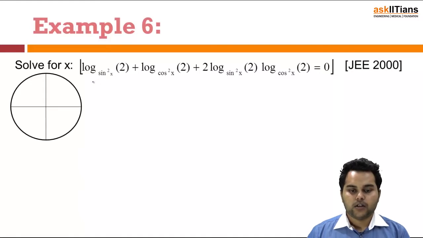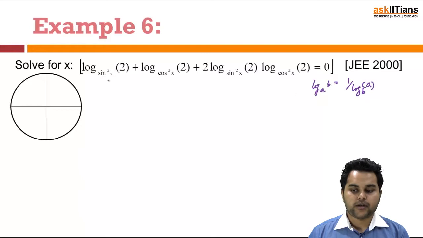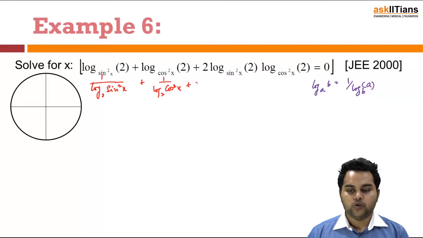Now see, there's one property, that log base a of b can be written as 1 by log base b of a. So I'll apply that property here. I'll get 1 over log base 2 of sine square x plus 1 over log base 2 of cos square x plus 2 over log base 2 of sine square x into log base 2 of cos square x is equal to 0.